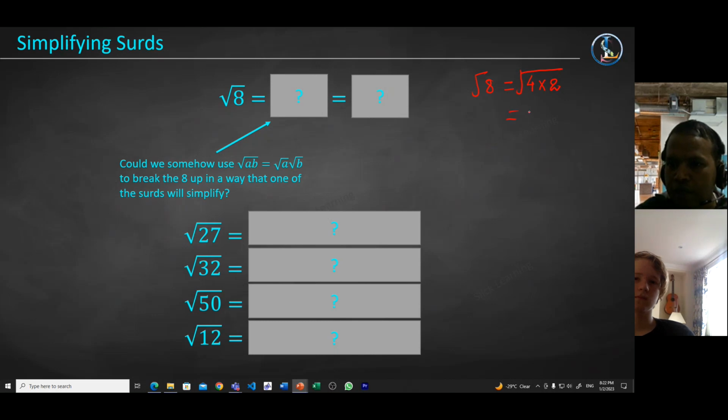Now we separate it applying the first rule: square root 4 and square root 2. Since the square root of 4 is 2, and square root 2 stays as it is.